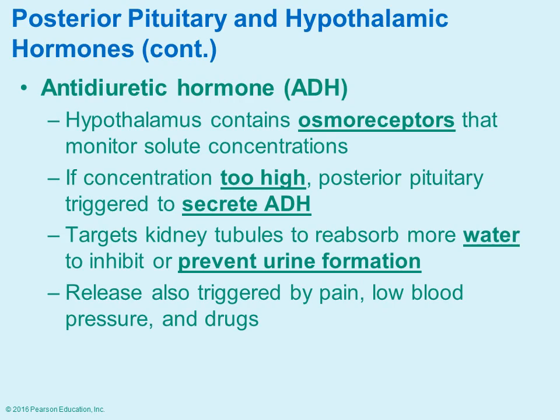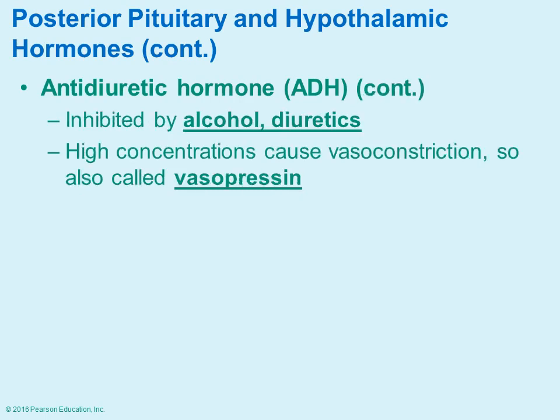Antidiuretic hormone can also be influenced by pain, by low blood pressure, and by various drugs and medications. The ADH is inhibited by alcohol, which is one reason why if you know of someone who likes to consume a lot of alcohol, you may notice they're constantly running to the restroom.